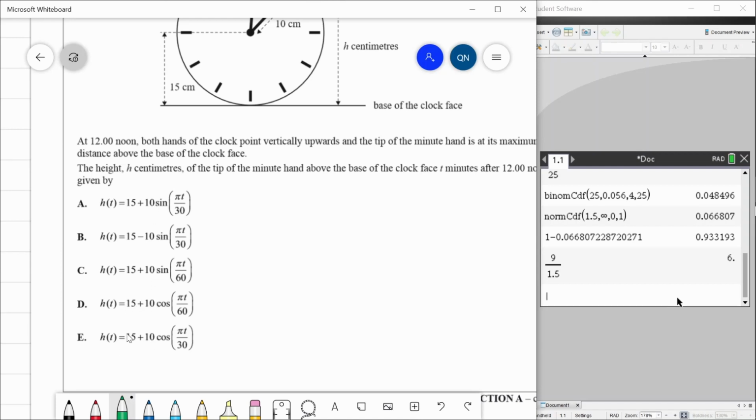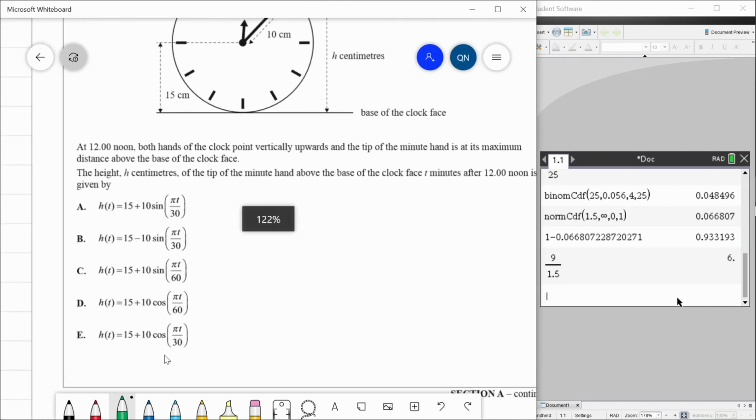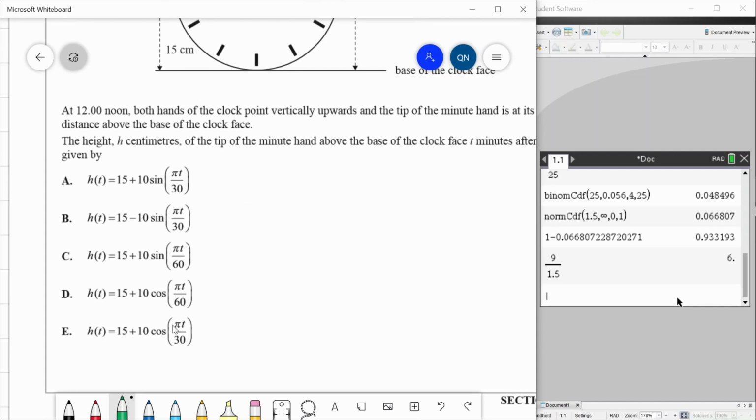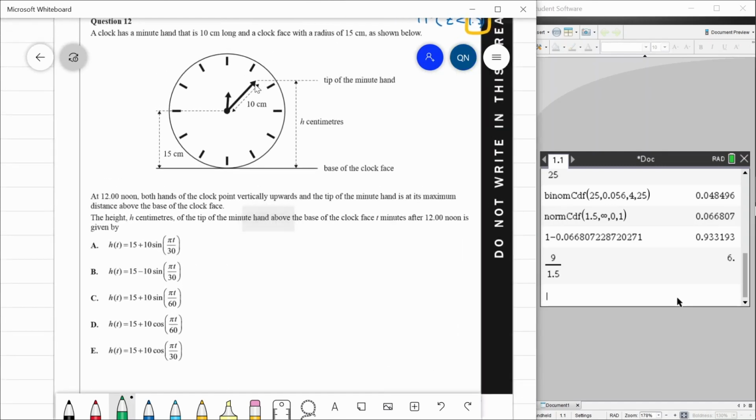All right, so both of these look promising because it's a 15 and t is the time after noon. So at t equals 0, we want it to be all the way at the top. So it's either D or E. The only thing that separates these two is exactly the period. So we have to figure out what the period is. Well, that's not too tricky to figure out. It's exactly 60 minutes.